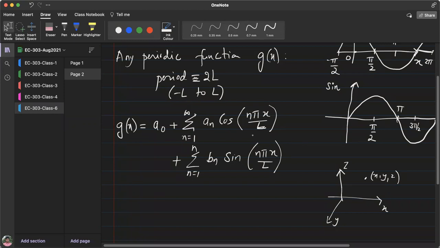So they form the basis functions, just like these are called the basis coordinates. Sines and cosines form a basis of function space, and using them, we can construct any mathematical periodic function. And in fact, Fourier series can also be generalized for non-periodic functions. They're called Fourier transforms. Okay, that's the basic idea.